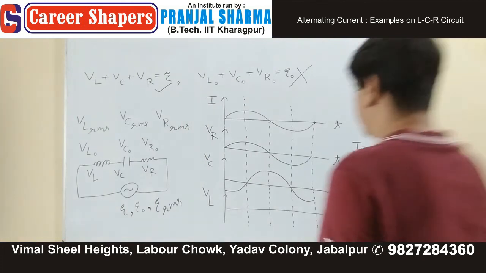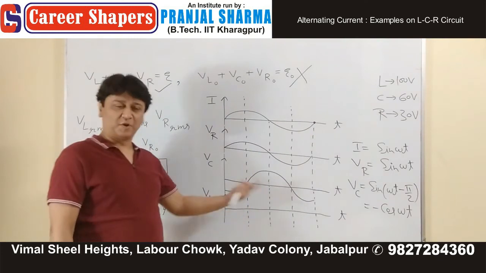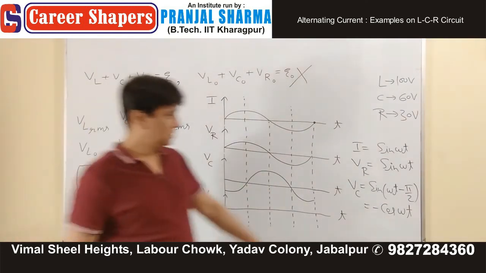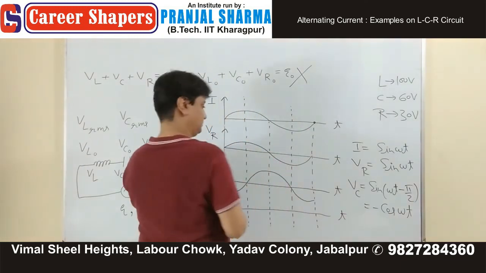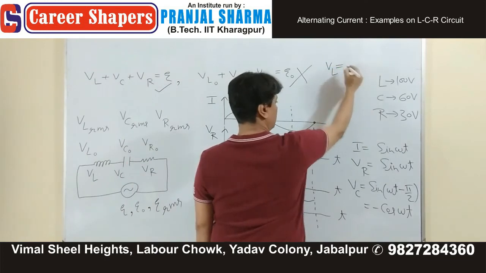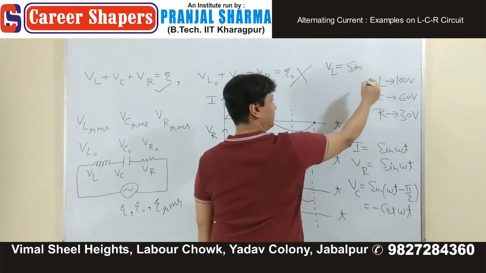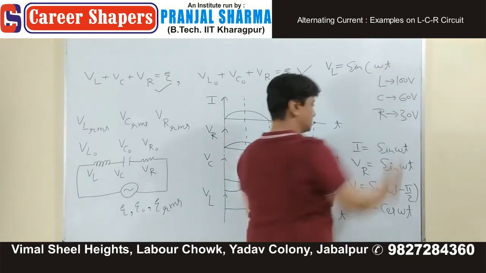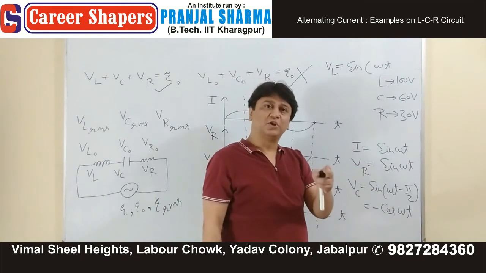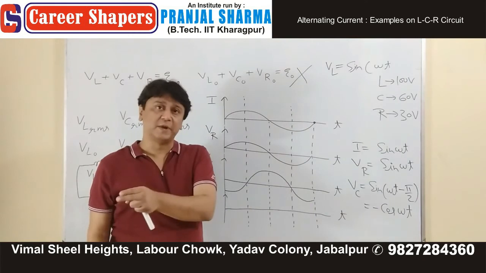Good. What about VL? Let's be fast. If VC is minus cos omega t, VL will be the opposite, plus. Let me write over here. VL will be some peak value sine of omega t. This is the phase of current. In an inductor, current lags behind.